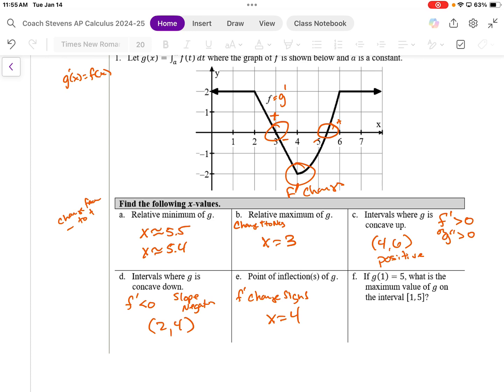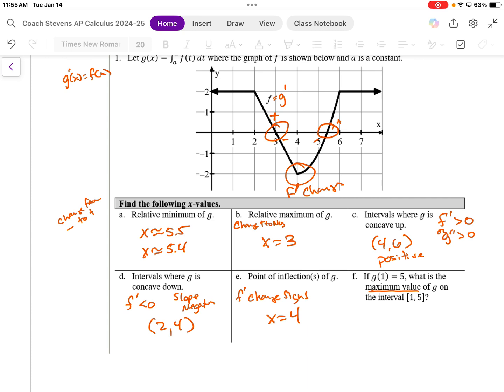Now, if g of 1 is 5, what is the maximum value of g on the interval from 1 to 5? Where does the max occur again, at what x value?